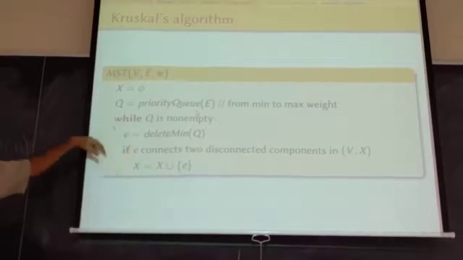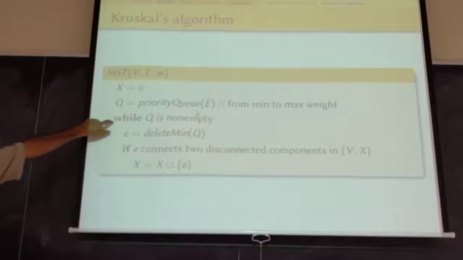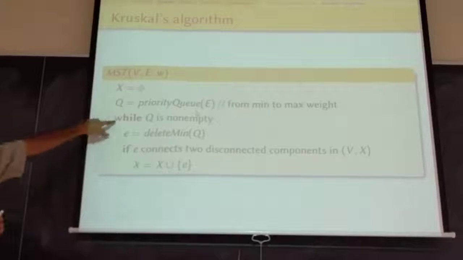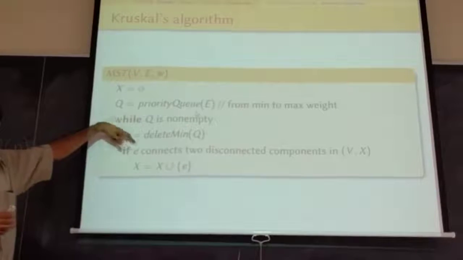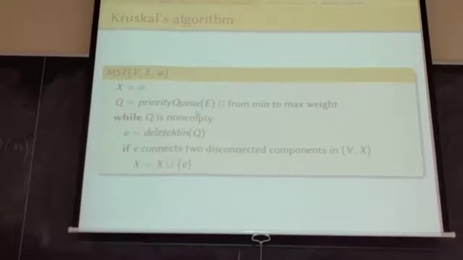So this one only takes log v, and if this takes constant time, then log v times the number of times this can be iterated, this is going to be e. So I made a mistake. It's not n log n, because you may have to go through every edge before you complete the graph. So you may end up spending e log v time.